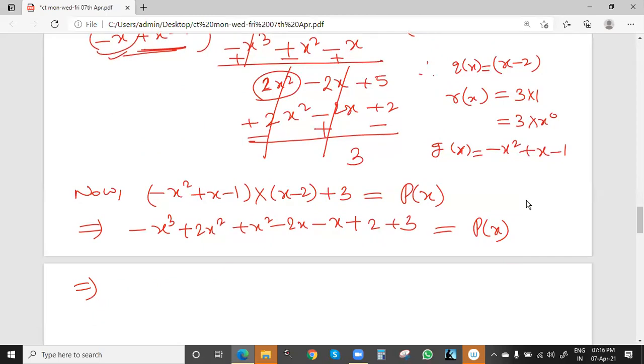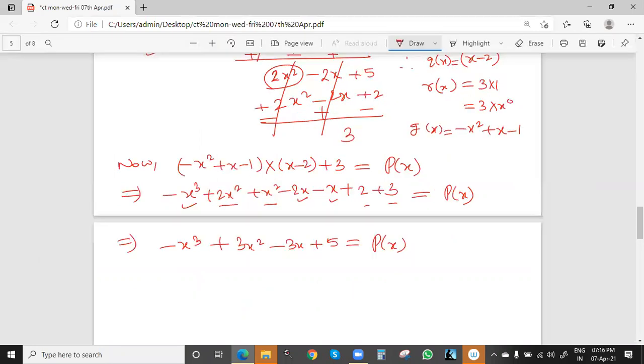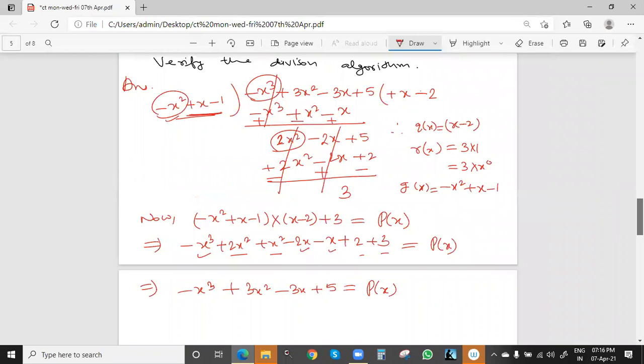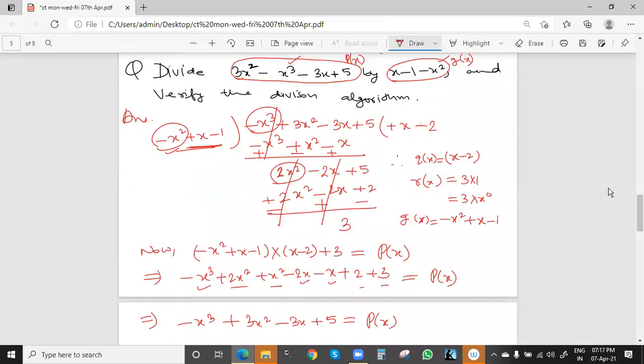So you can now solve: minus x cube is the first value. Now 2x square plus x square, so this will be 3x square, and minus 2x and minus x gives minus 3x, plus 3 and 2 gives 5, equal to px. Now the value is matching, because 3x square minus x cube minus x plus 5 was the px value, and the divisor is minus x square plus x minus 1 and the quotient is x minus 2.